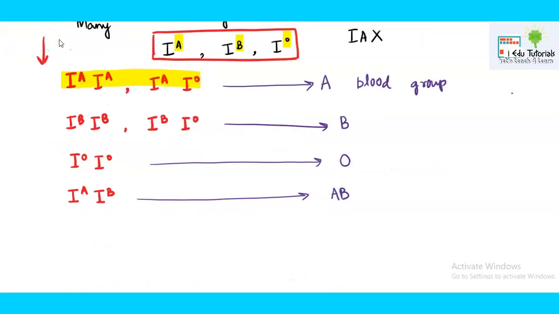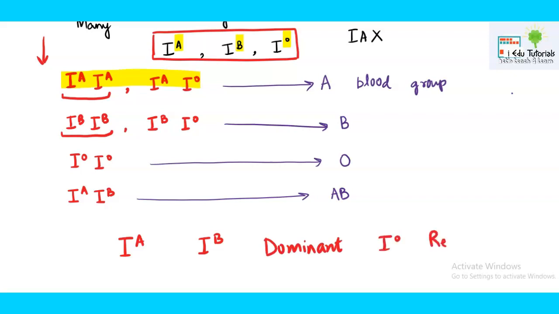Now, out of all the combinations that are written here, the combinations like this are homozygous dominant. Out of all the alleles, allele IA and allele IB are always signifying the dominant condition, whereas IO always defines the recessive condition.